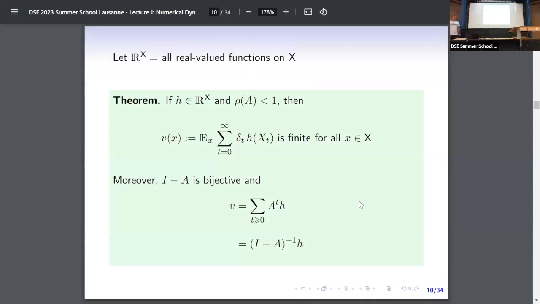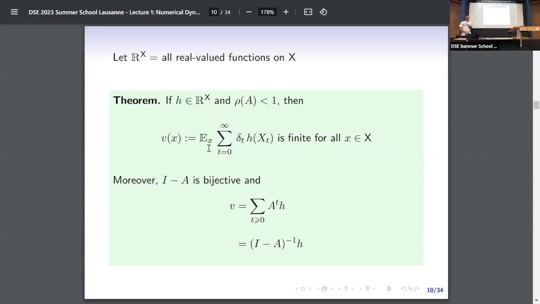Okay, so what we're interested in is computing lifetime values or infinite sums. And the infinite sums are going to look something like this. So we've got delta being the discount factor, which is the product of these betas. We've got some kind of time t payoff, which is h of x_t, so that's also driven by the state process. And I'm taking the expectation over the infinite sum, and that little subscript small x here is just indicating that the initial state is little x. That's where the state process is starting off.